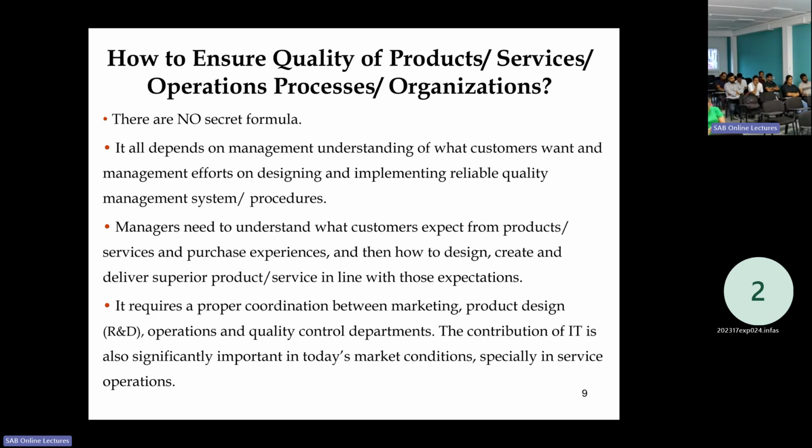They bring more other business. They bring not just the profits we can earn one time, they bring profits in their lifetime. So those are the advantages when customers are delighted. And for that, ensuring the quality is important.